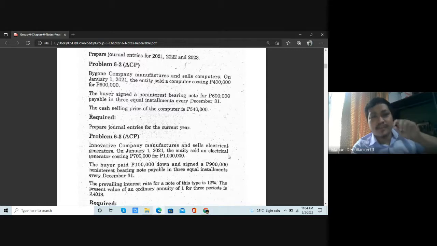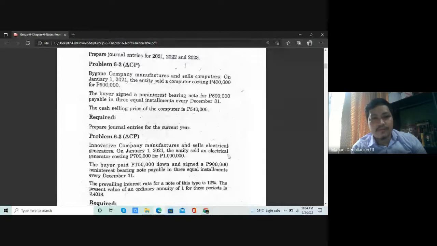Because out of the 600,000 that we will receive in the future, 60,000, class, represents interest that we will earn throughout the term or life of the promissory note.